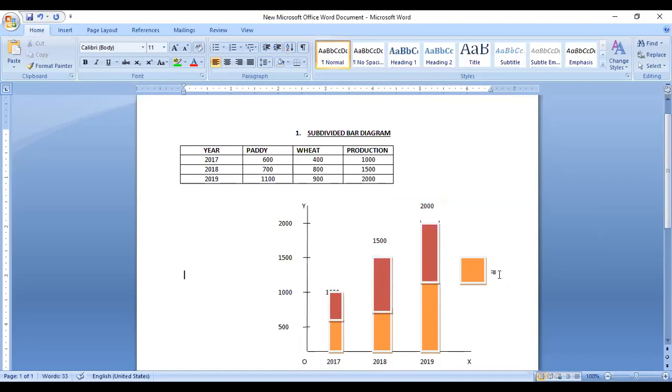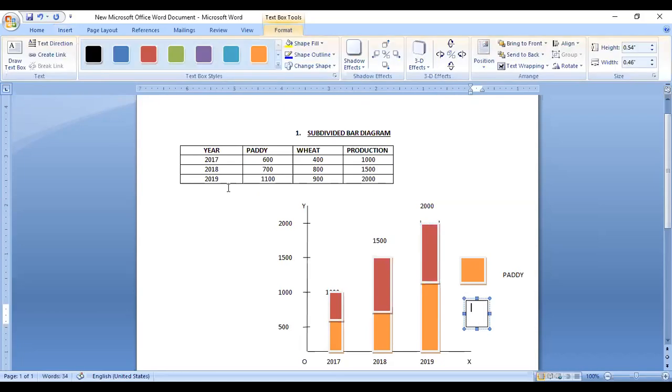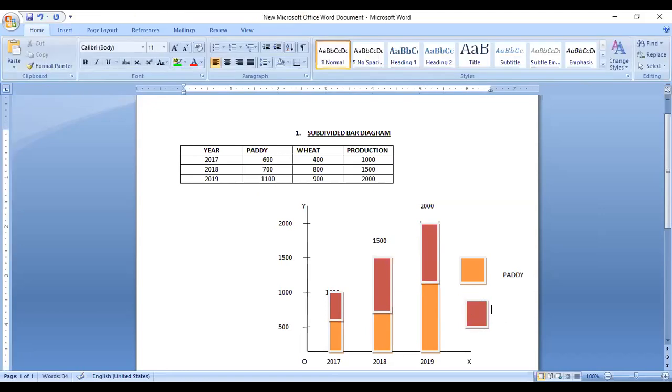This color is indicated by paddy, whereas this color indicates wheat. Like this, this should be mentioned for easy understanding.